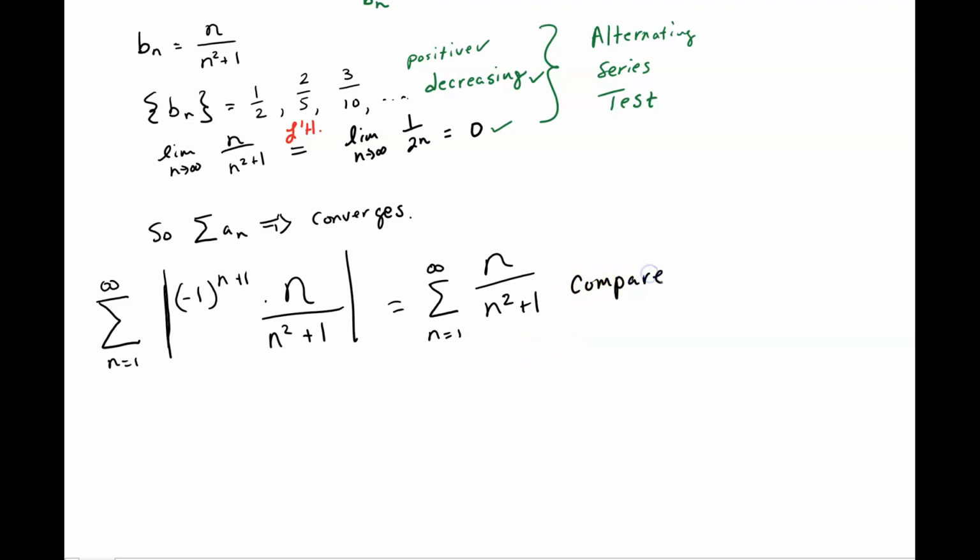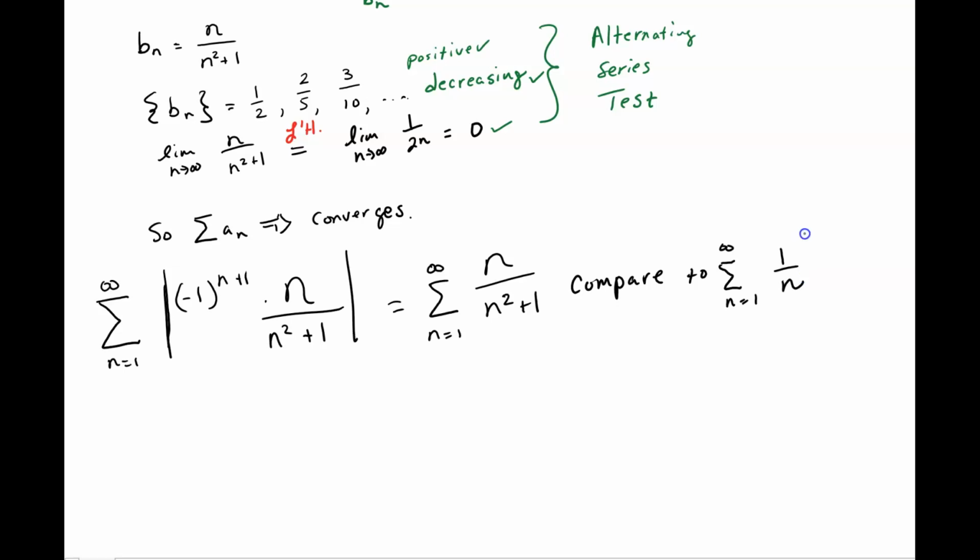What are we going to compare it to? Well, if I think about power reduction, I have n over n squared. I think it's probably best to compare it to something like the series from n equals 1 to infinity of 1 over n.